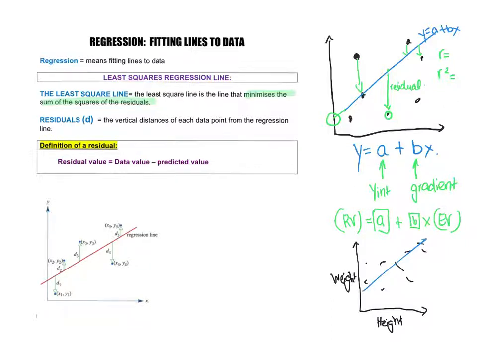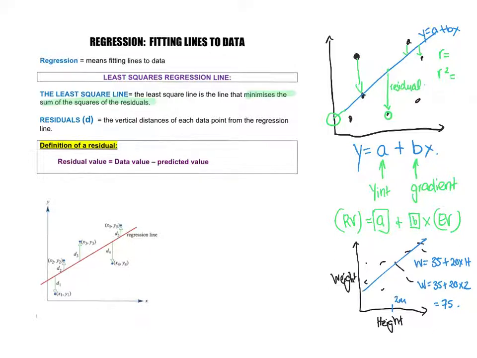We might have weight equals 35 plus 20 times your height, or something. I'm exaggerating a bit. If I said you have a height of 2 meters, what would your weight be? You'd go weight equals 35 plus 20 times 2, so 75, whatever. So you can use it to predict values.